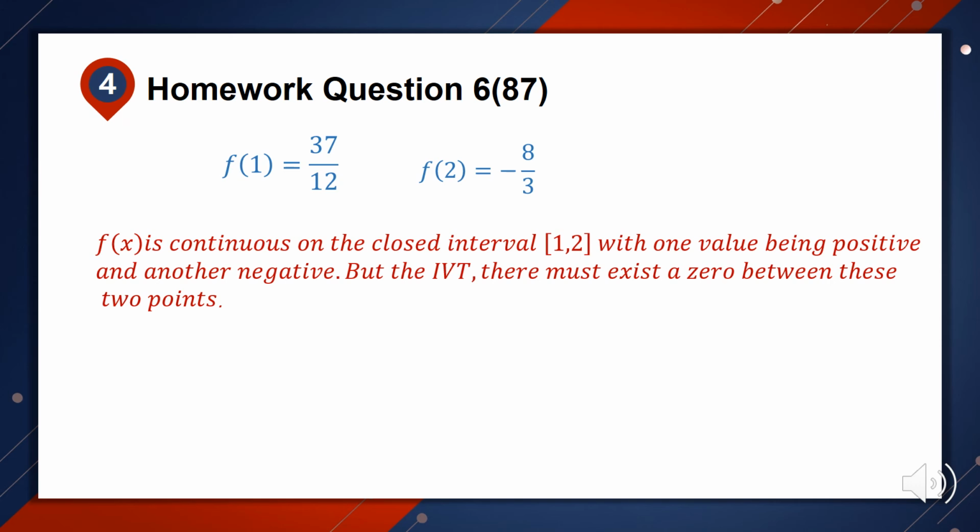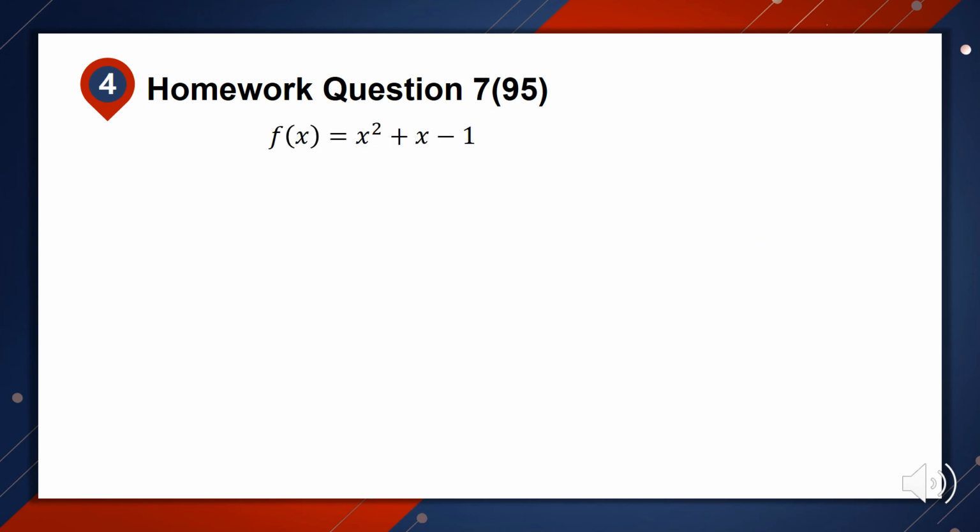The seventh question is f of x is equal to x squared plus x minus 1. f of 0 is equal to negative 1 and f of 5 is equal to 29.